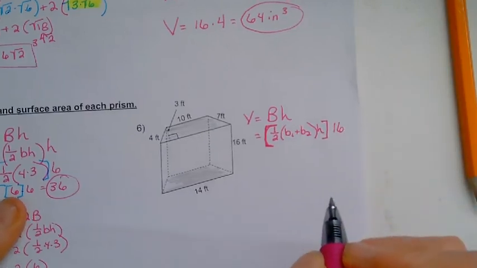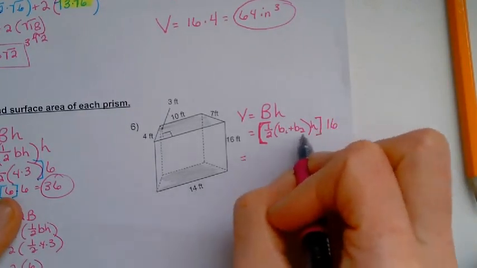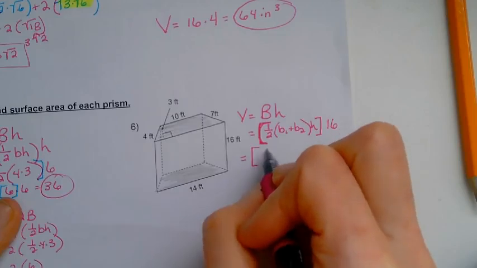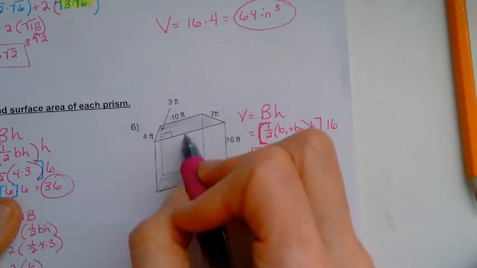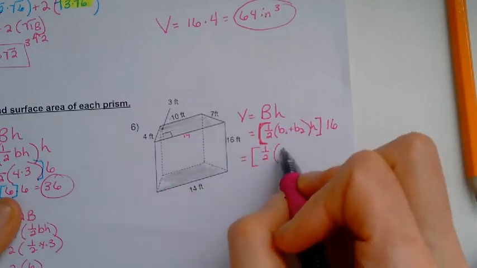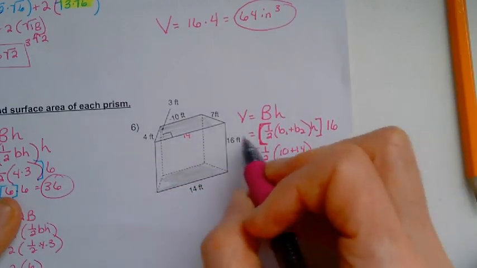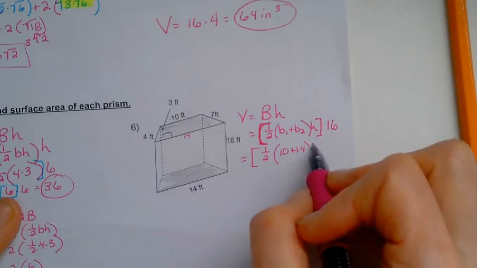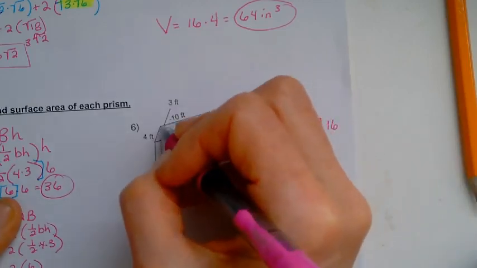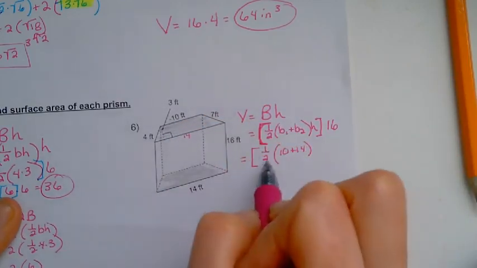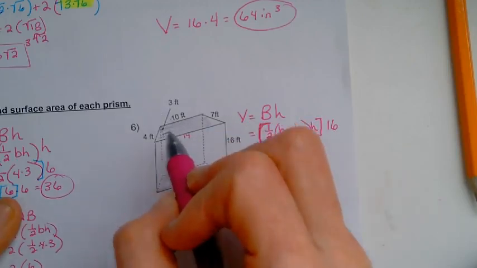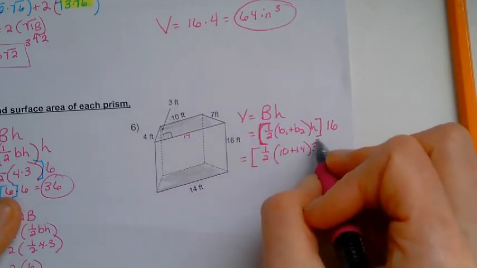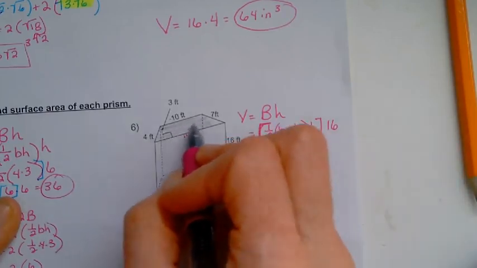So the volume, again, the area of the base is 1/2 times, well, this is 10 and this is 14. And the height, or the distance between them, is the height of the trapezoid. So 1/2 times 10 is one base, 14 is the other base, and the height of the trapezoid is 3. That's going to give us the area for the trapezoid, and then we multiply it times this height, which is 16.